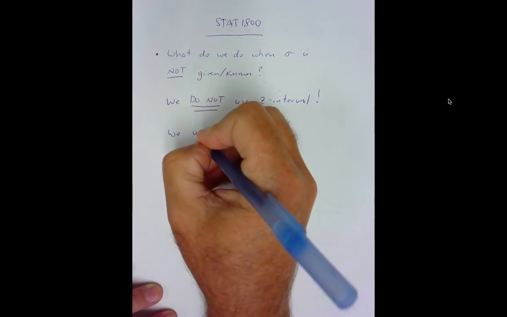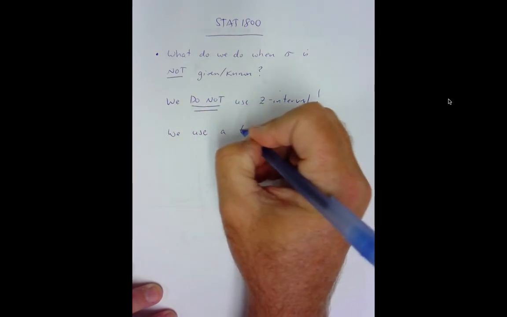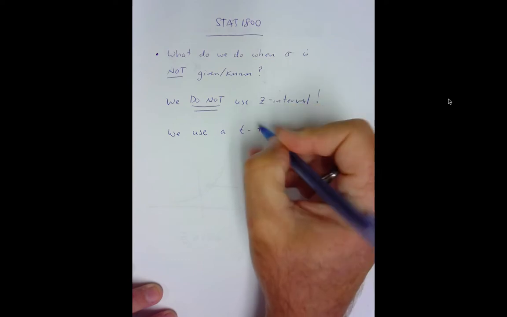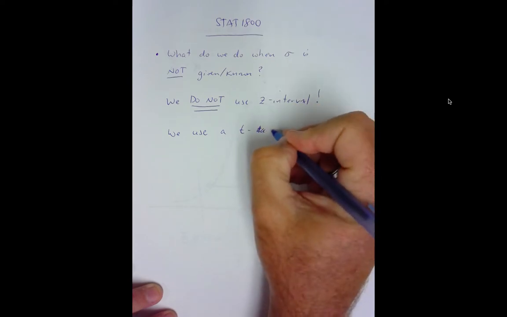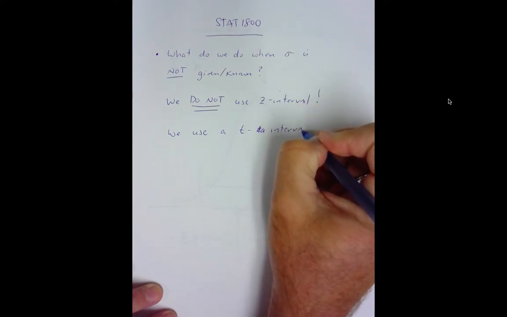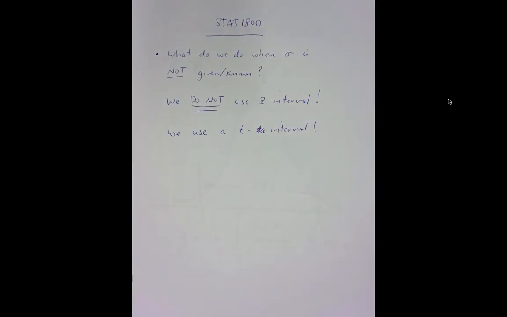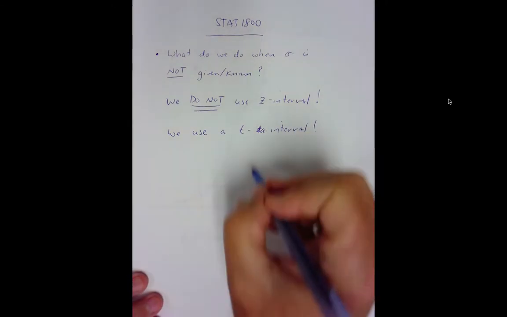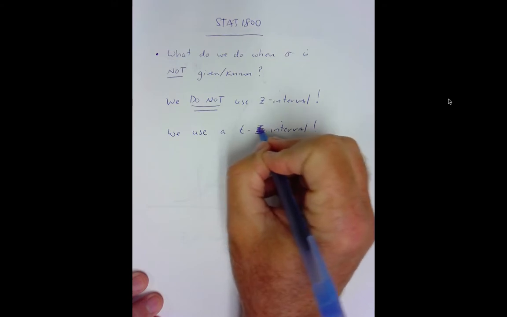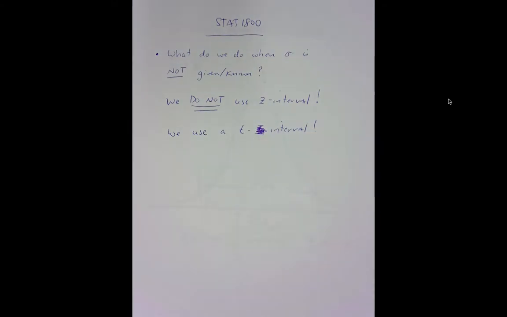We do use, well, easy for you to say, a t interval. I probably should start the video over, but I'm not going to. We use a t interval instead of a z interval. Now, what's the difference?